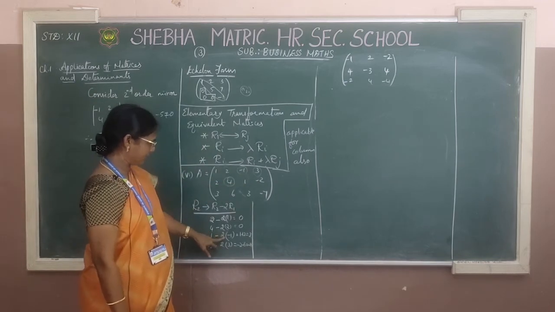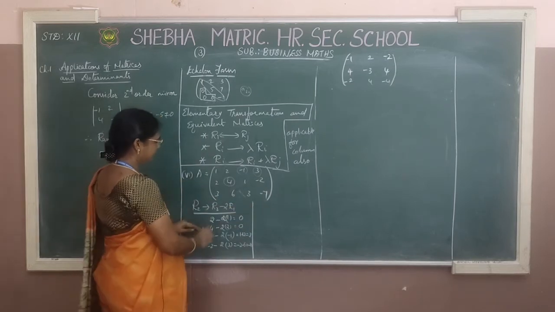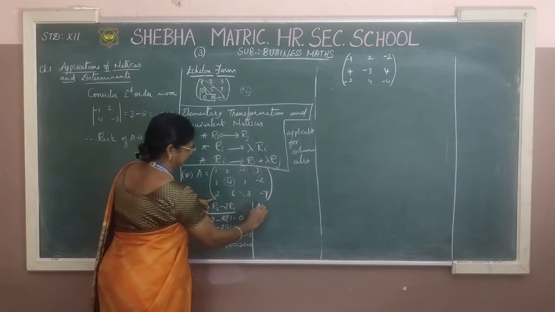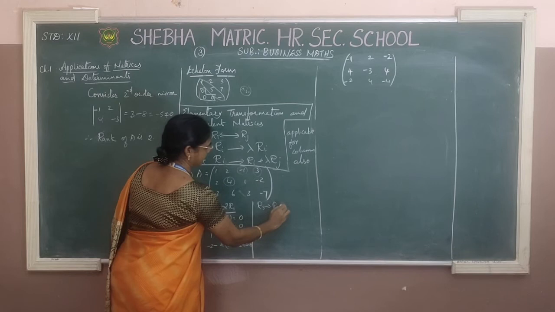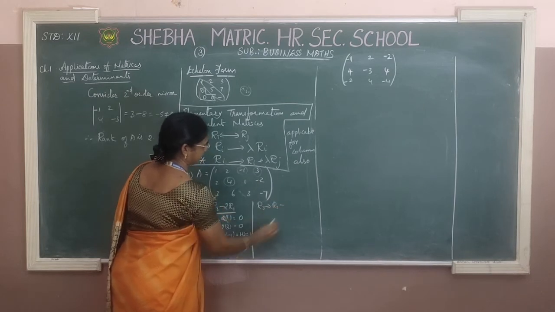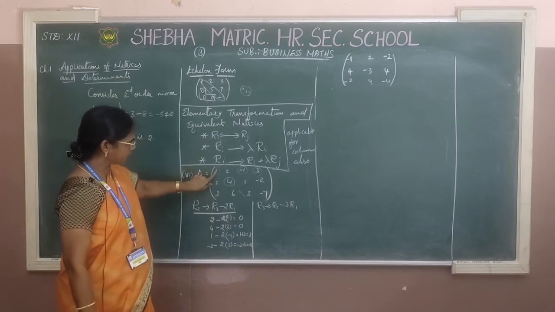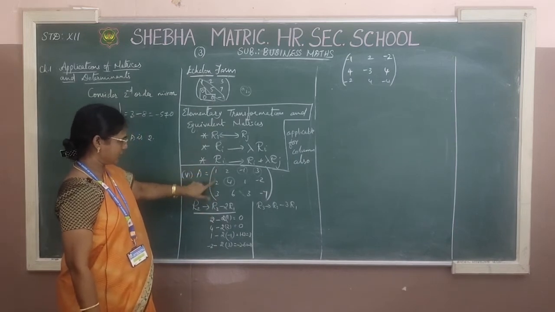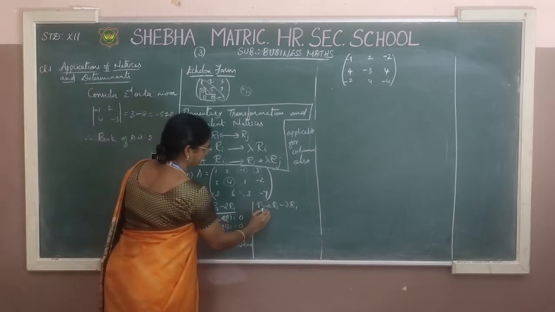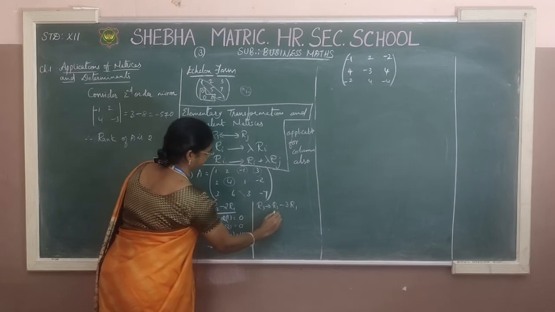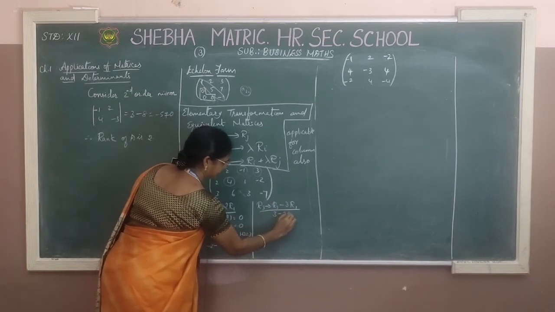Understood this? Similarly, we have to do it for the third row elements. In this third row, the first element is 3, isn't it? So R3 becomes R3 minus 3 times R1. Now listen, if you multiply the first row by 3, we get 3, and subtracting from 3, 3 minus 3 is 0. Likewise, the first element in the third row is 3 minus 3 into R1.